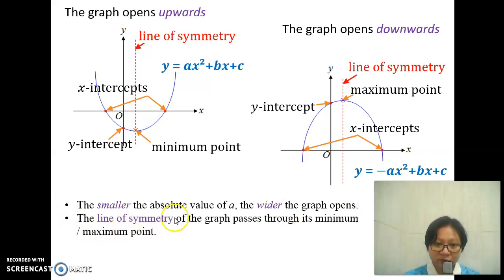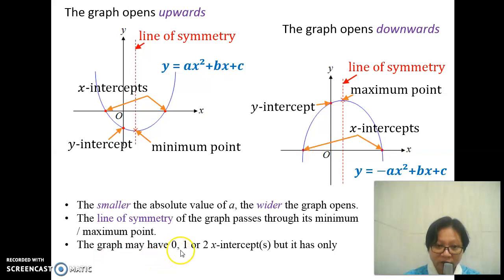And then the line of symmetry of the graph passes through its minimum or maximum point. Obvious, right? And then the graph may have no x-intercept, 1 x-intercept, or 2 x-intercepts, but it has only 1 y-intercept. It always has 1 y-intercept.